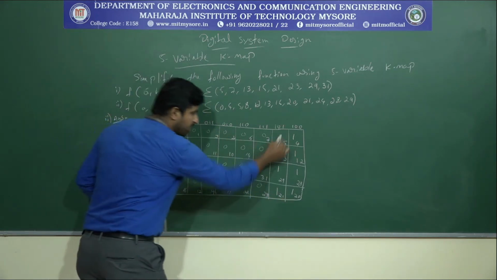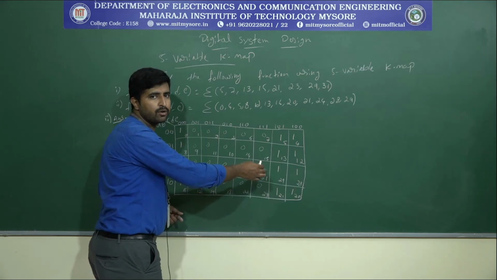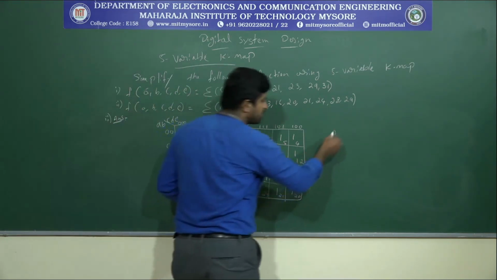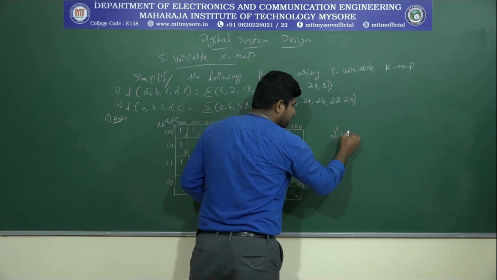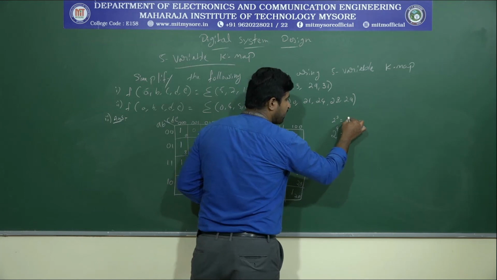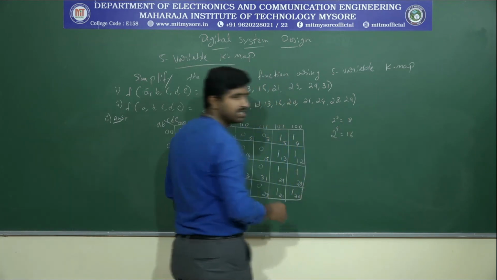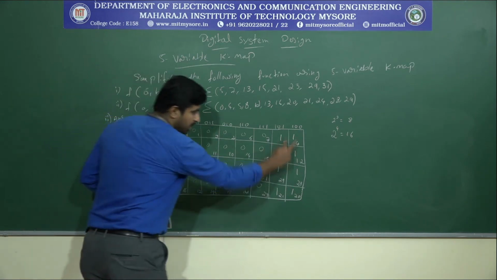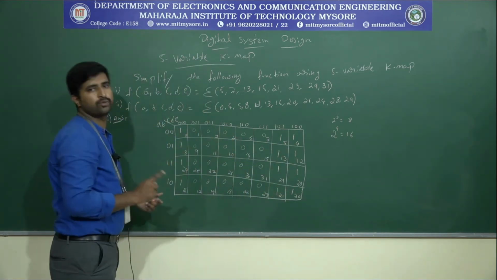Can we make all of this together one group? We can't, because we can group only in powers of 2. That means 2 to the power of 4, 16 cells, or 2 to the power of 3, 8 adjacent cells. Here 12 cells are adjacent, so 4, 8, 12, we can't group that.